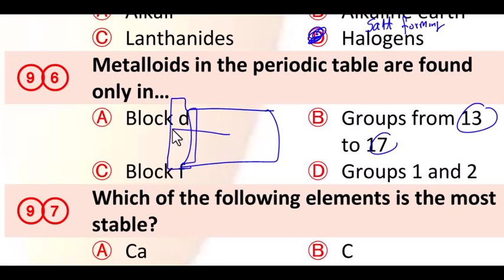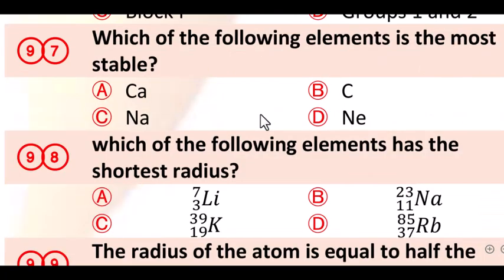Group 1, group 2, transition metals, here the d block. This diagonal arrow is the metalloids, like As, Si, between metal and non-metal. It's from group number 13 to group number 17.